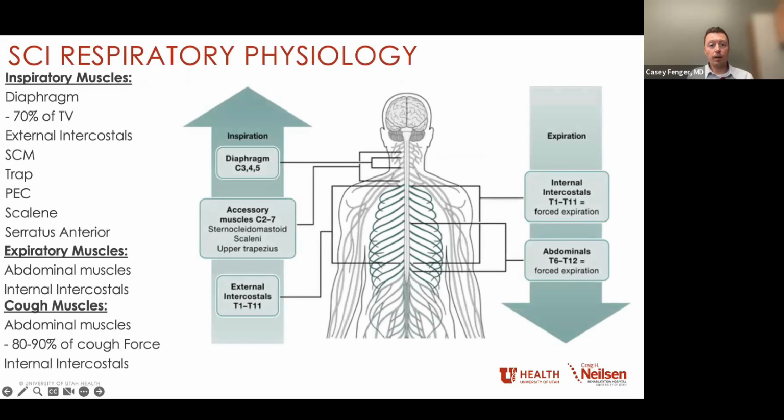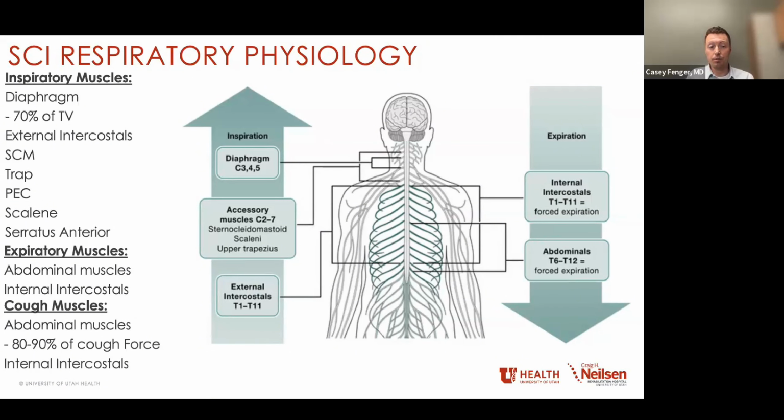So when we're talking about inspiration, we have quite a few muscles involved in that process. The diaphragm's the main one. That's going to pull about 70% of our overall tidal volume. Then we have our external intercostals, sternocleidomastoid, trap, pecs, scalenes, and serratus anterior. So again, the diaphragm's the big one pulling that tidal volume. Then the rest of these muscles are our accessory muscles of breathing to help with inspiration.